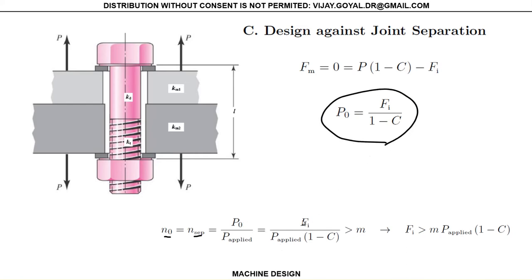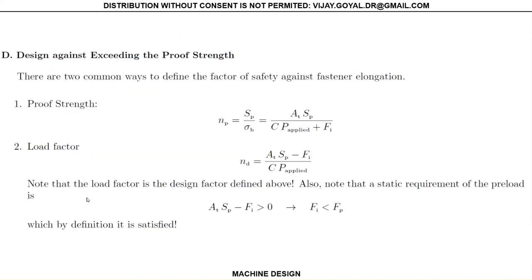Then you divide P sub zero by the applied load, or Fi divided by P applied times 1 minus C. And you want to make sure this is bigger than this. So this is one check.